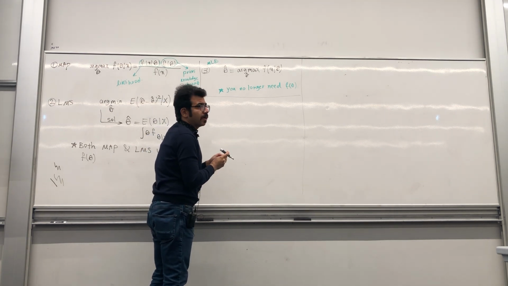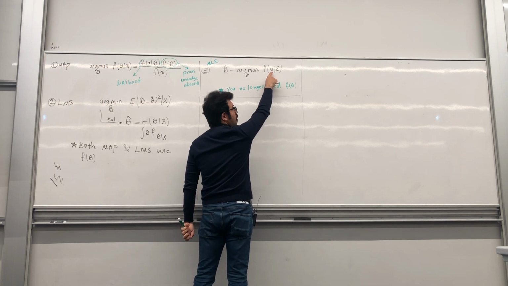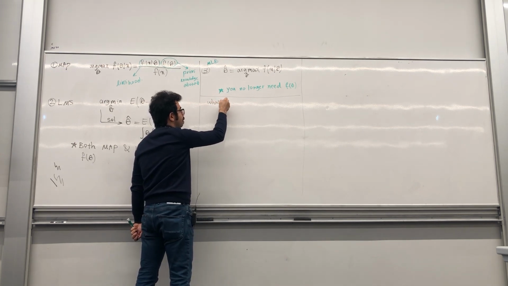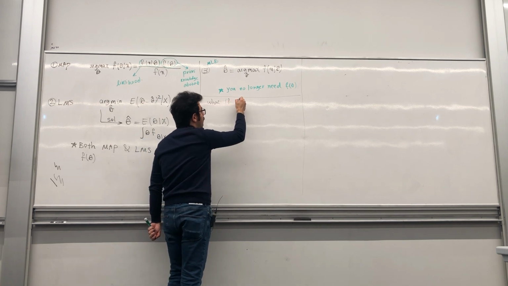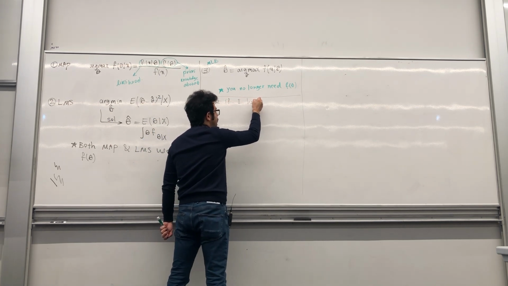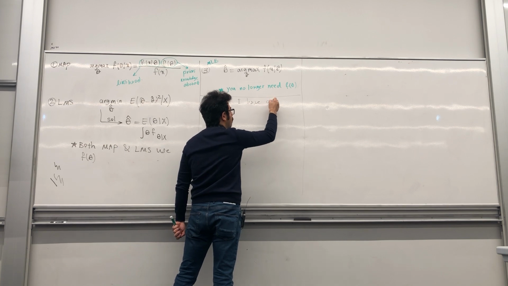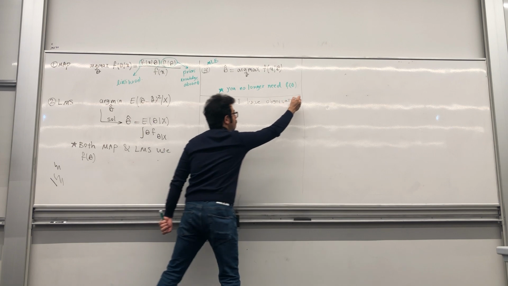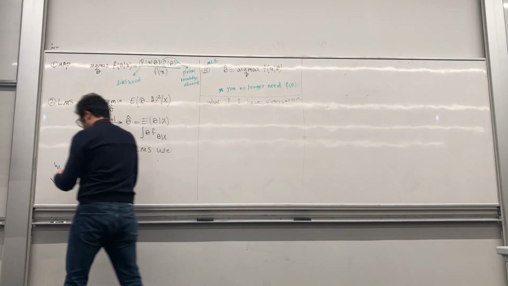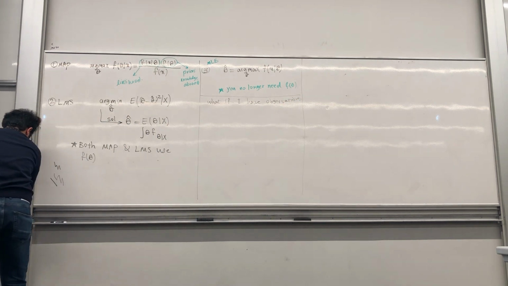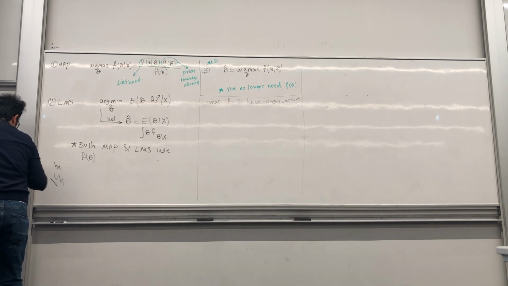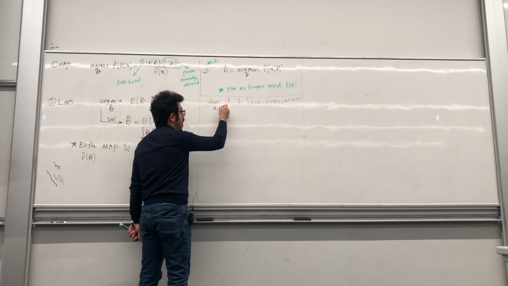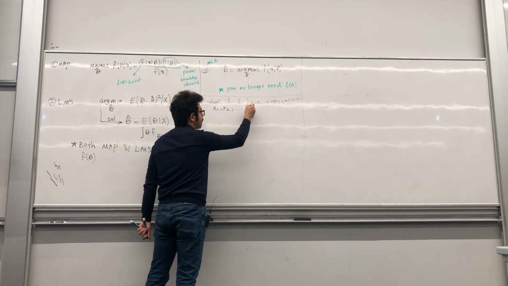Here I only had one observation. What if I have n observations, x1, x2, up to xn?